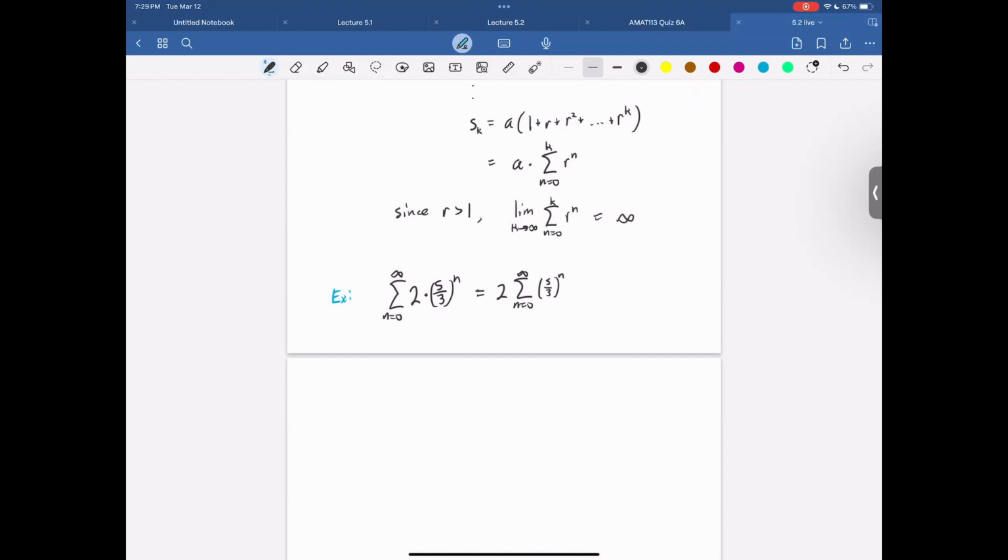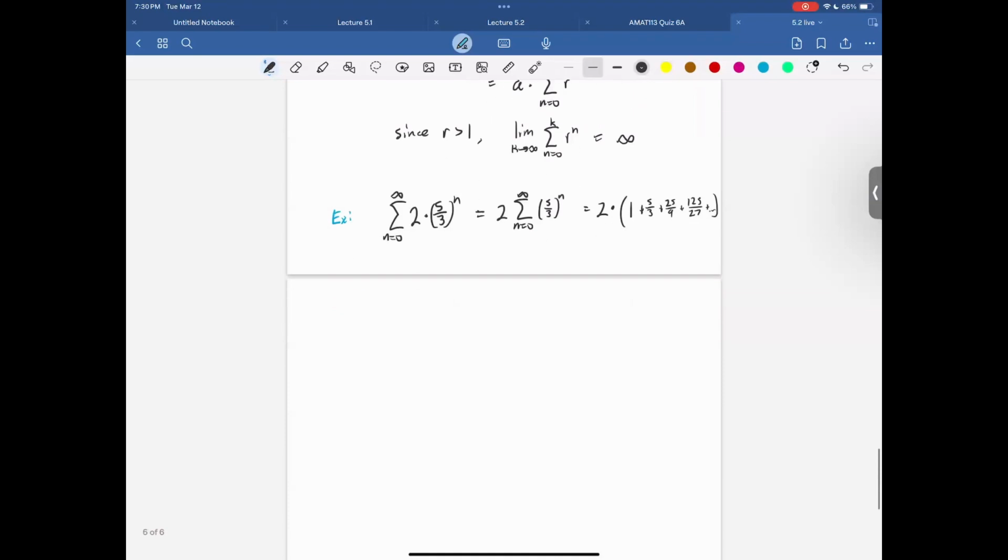So this is going to be 2 times 1, if n equals 0, plus 5/3 plus 25/9, plus 125/27, and so on. And you can see that each one of these is larger than the last one, and that's because the ratio is greater than 1. And in general, the geometric series, like I said, diverges if r is greater than 1.